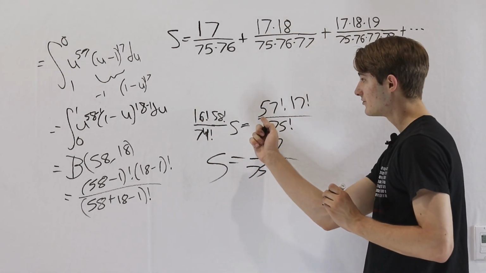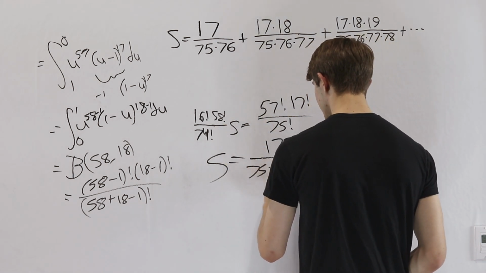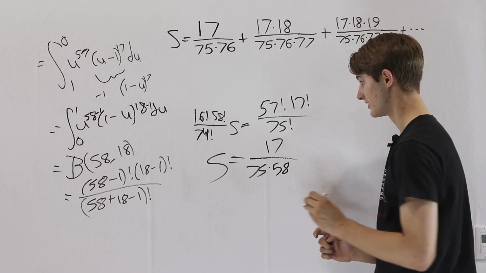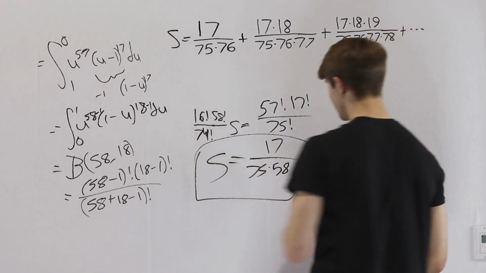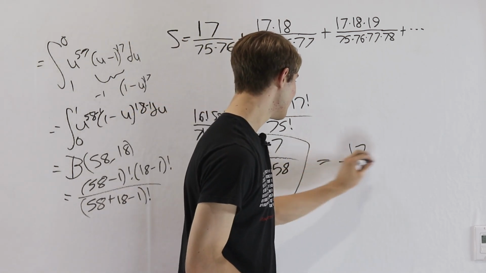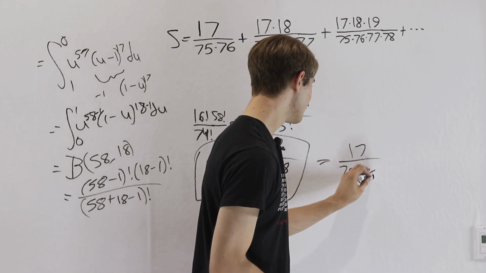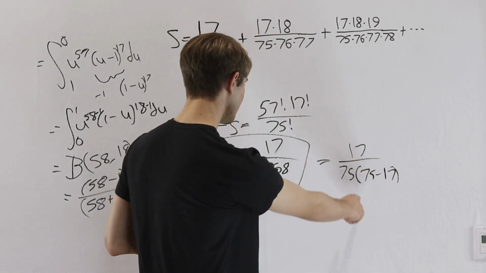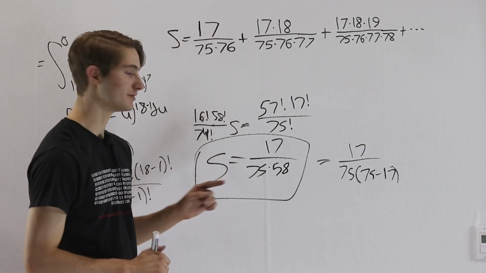And then 57 factorial over 58 factorial is going to give us another 58 in the denominator, just like that. So this is the final version of our sum. And one last thing you can do just to make it very nice is to write it as 17 times 75 and 75 minus 17 in the denominator, just like that. So that is the final result of our sum.